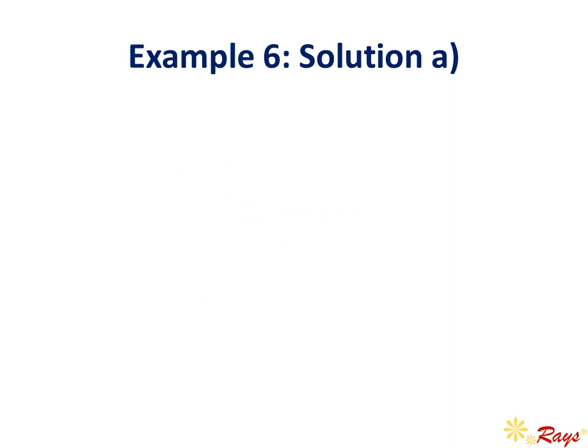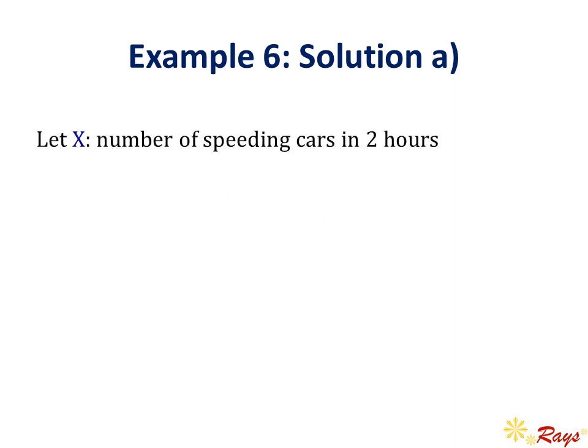Question A is asking us to find the probability that 7 cars passing the camera will be speeding in the next 2 hours. So let x be the number of speeding cars in 2 hours. We remember that we are given lambda for 1 hour is 6.